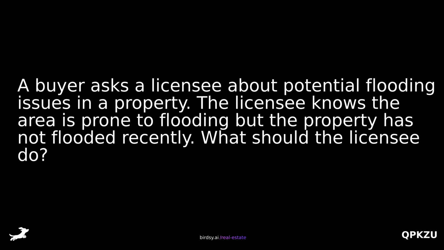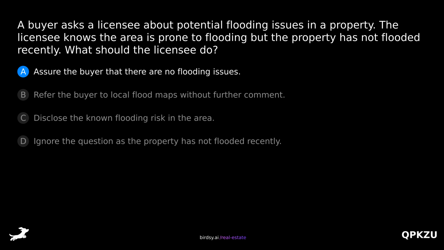A buyer asks a licensee about potential flooding issues in a property. The licensee knows the area is prone to flooding, but the property has not flooded recently. What should the licensee do? Is it A, assure the buyer that there are no flooding issues? B, refer the buyer to local flood maps without further comment?